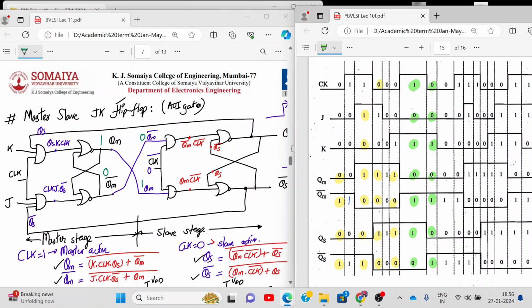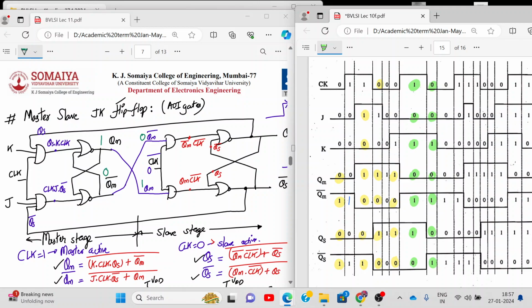So, sir, whenever a particular state is off, at that time it will hold that value previously. नहीं. When the slave will hold the value when it is off. Yes, sir. Like if we give, let's say, clock 0, so the clock bar will be 1, so the master will be off, but the slave state will be on. Yes.